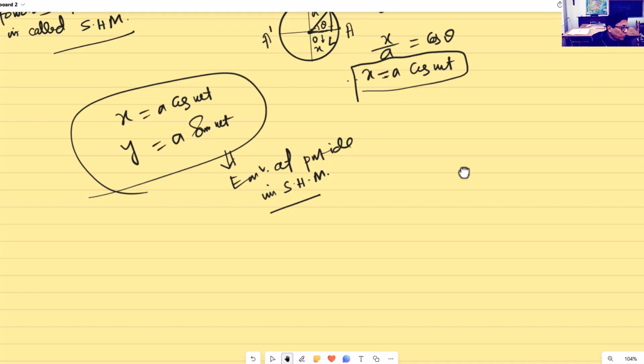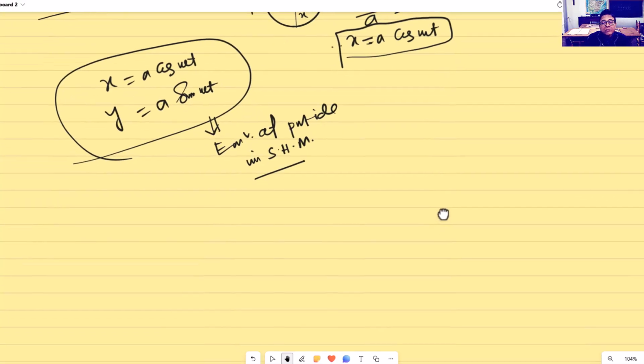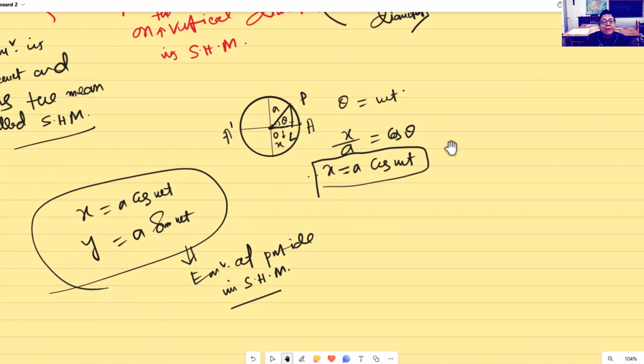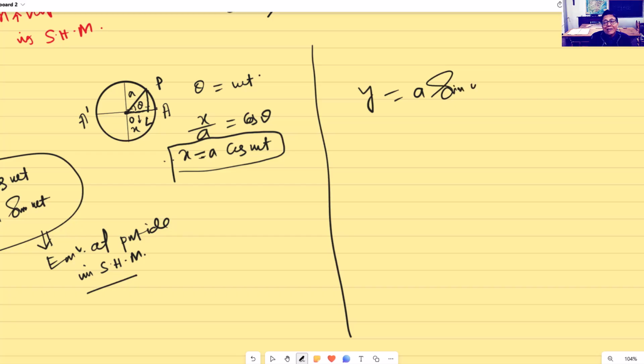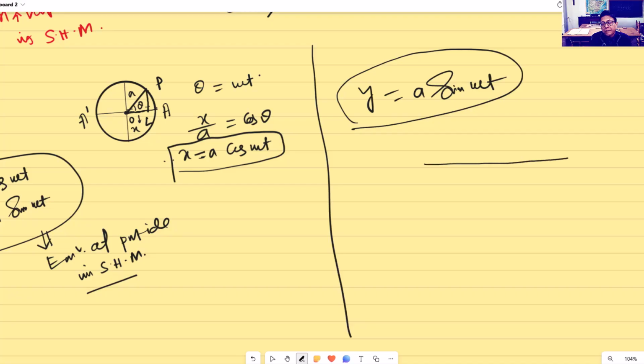And directed towards the mean position. Now, we just remember this circle of reference, always based on this, and taking the equation of SHM, y equal to A sin omega t. We have taken y equal to A sin omega t.